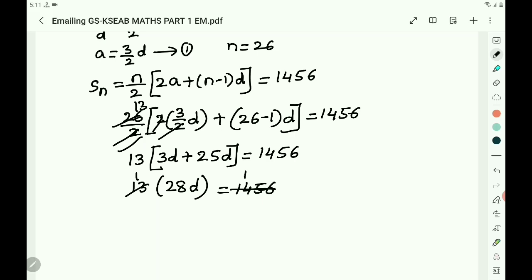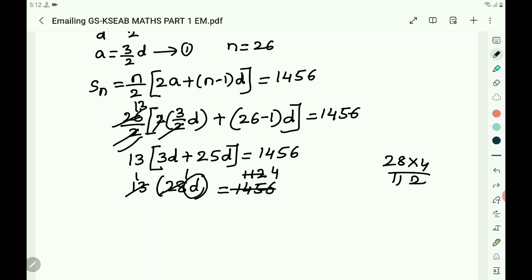Then 13 ones are 13, 1 remaining, 15. Again 13 ones are 13, 2 is remaining, 13 twos are 26. Then 28 ones are 28, 28 fours are 112.